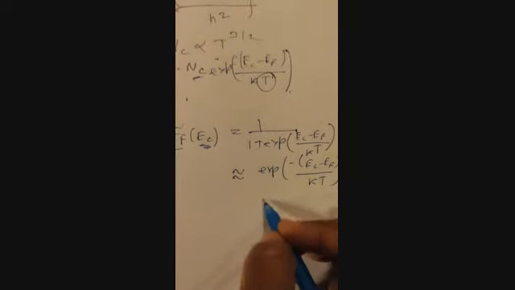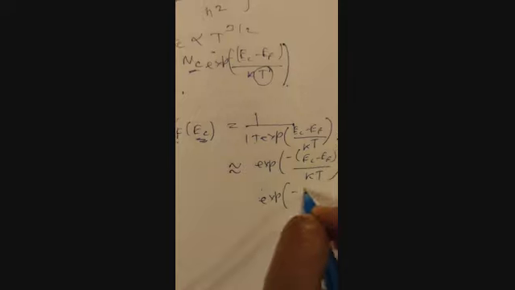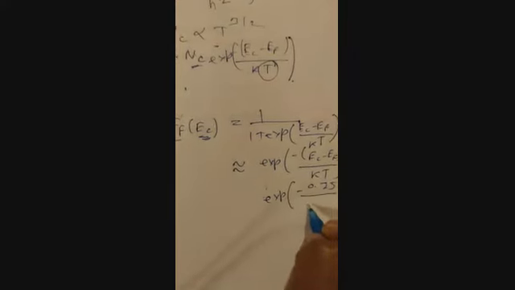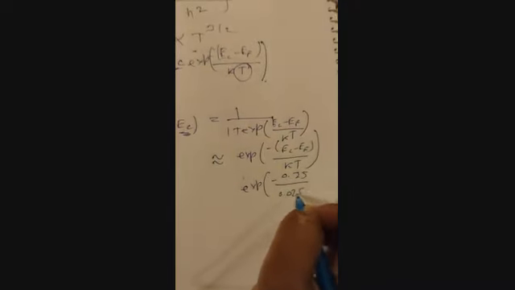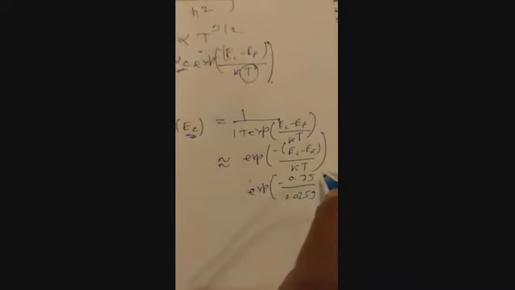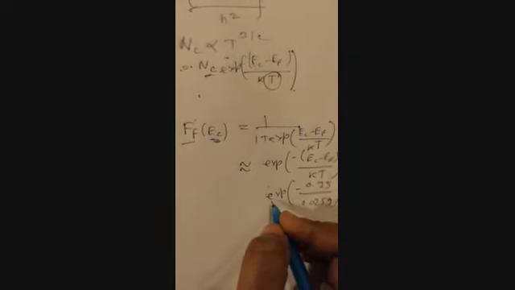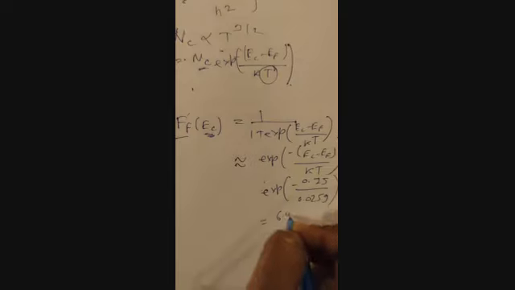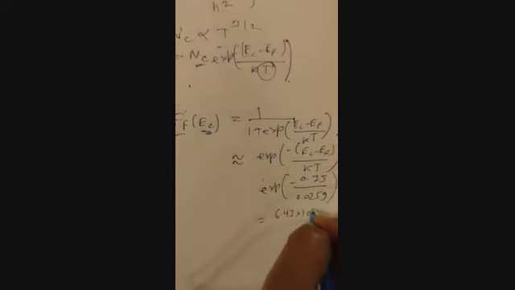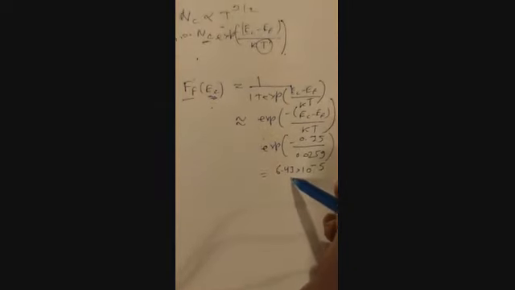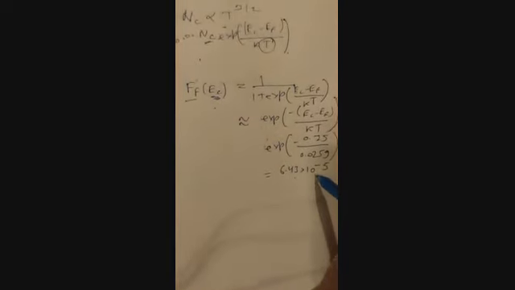Now the difference EC minus EF is given as 0.25, so the exponential will be minus 0.25 divided by 0.0259 electron volt. This quantity has come as 6.43 into 10 to the power minus 5. So you can see that the probability of occurrence of an electron at this particular energy level is very low.